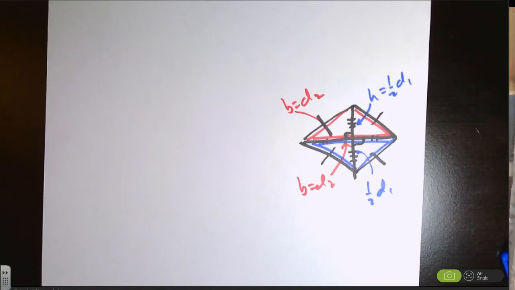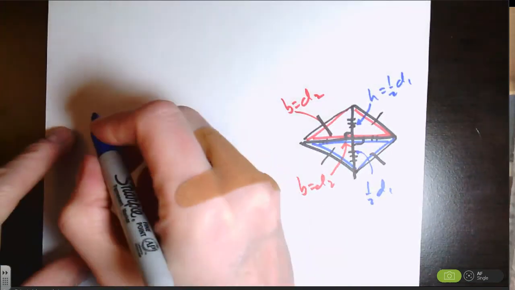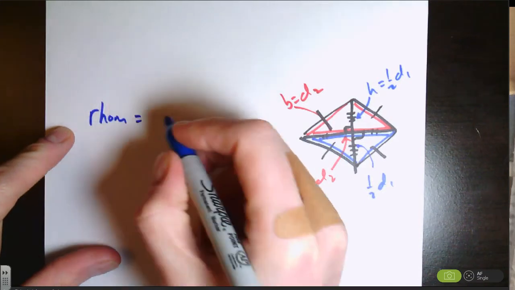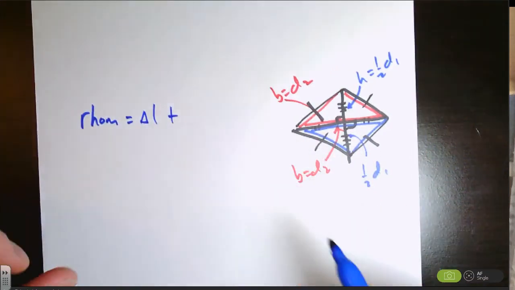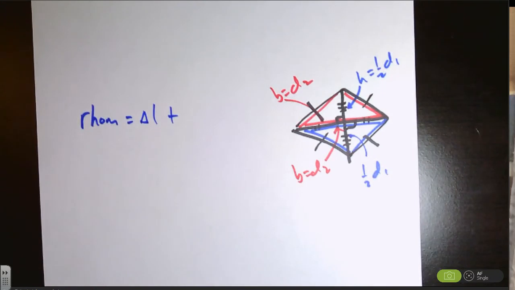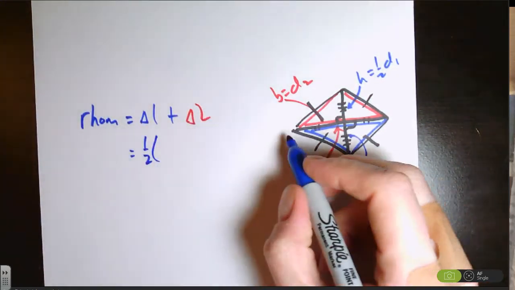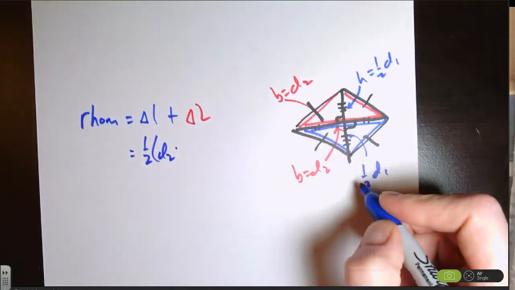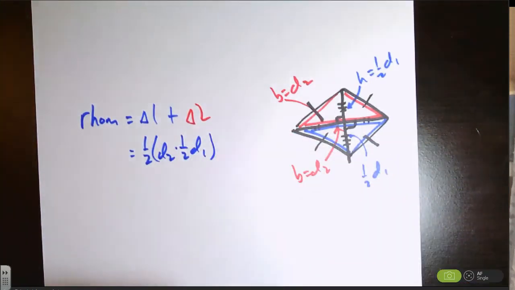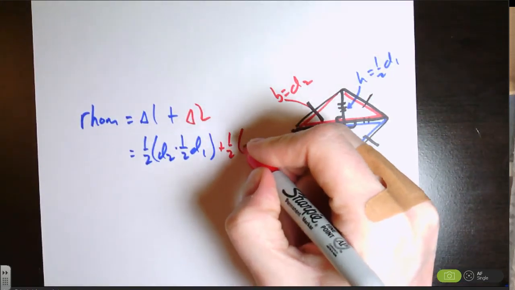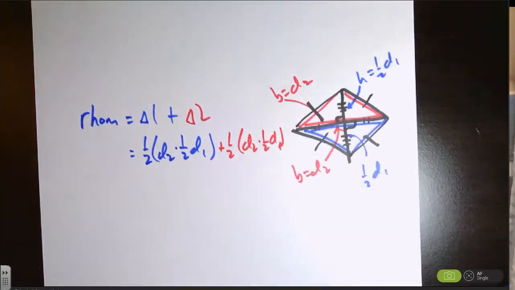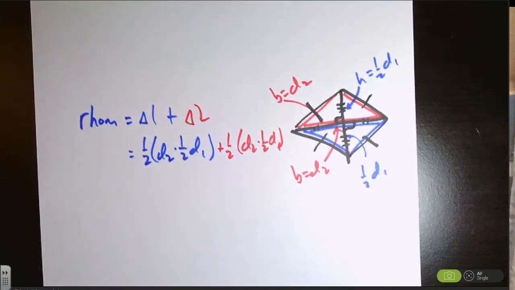So area-wise, the rhombus is triangle 1 in blue plus triangle 2. That's the one in red. Well, triangle 1 is 1/2 base, which is D2, times height, which is 1/2 D1. And the red one is the same exact formula. Okay. So then I multiply those together. 1/2 times 1/2 is 1/4.